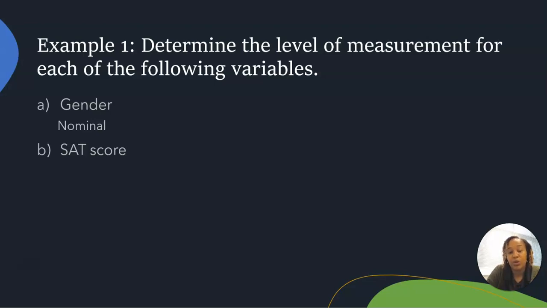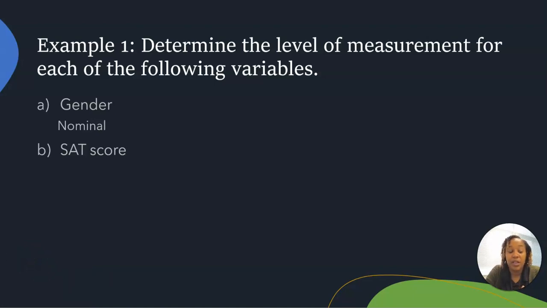The first person scored 200 points higher. So it's interval, right? But now think about 0. If you have an SAT score of 0, does that mean that you don't have an SAT score? Or does that mean that you do have an SAT score? So think about that.